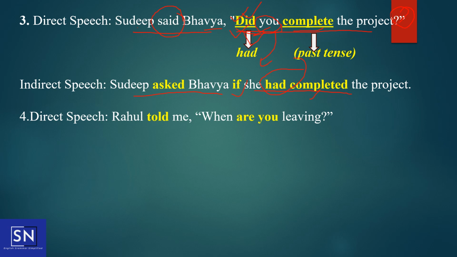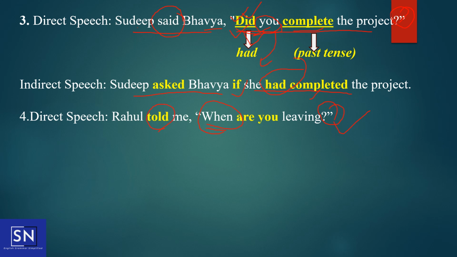Next one. Rahul told me, when are you leaving? So again it is an interrogative sentence, ending with a question mark. Whether it is WH or yes or no, it's easy to identify. It is a WH question because the question is beginning with when. So again the same rules.